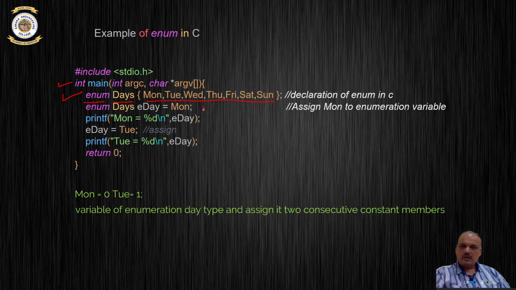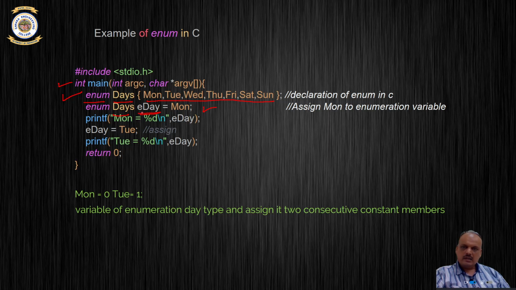Going ahead, okay, what is done here is an instance of days is being defined and is being initialized. Okay, so now I have a variable eday of type days, which is being initialized to one of the values in this enumerator list.